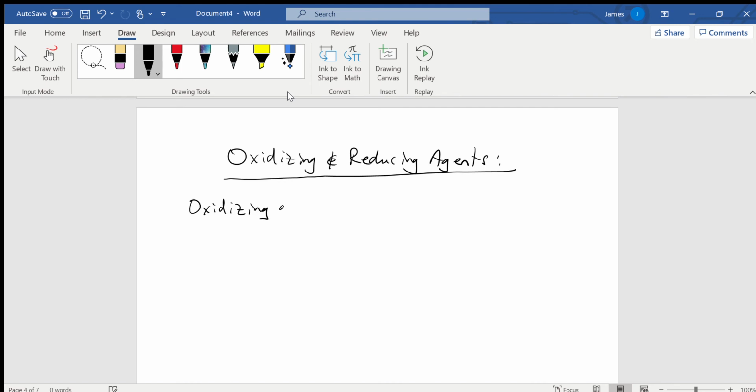Oxidizing agents undergo reduction. Reducing agents undergo oxidation.